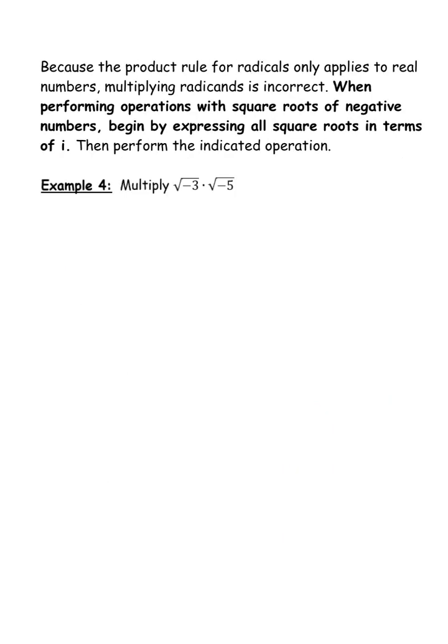All right, because the product rule for radicals only applies to real numbers, multiplying radicands is incorrect. When performing operations with square roots of negative numbers, begin by expressing all square roots in terms of i, then perform the indicated operation. So, we know this first one is the square root of 3 times the square root of negative 1, and then we're multiplying by the square root of 5 times the square root of negative 1.